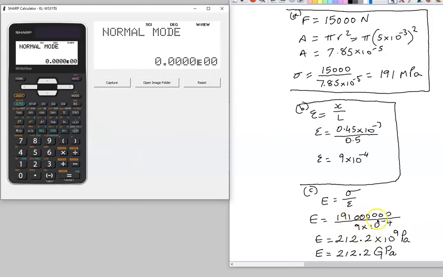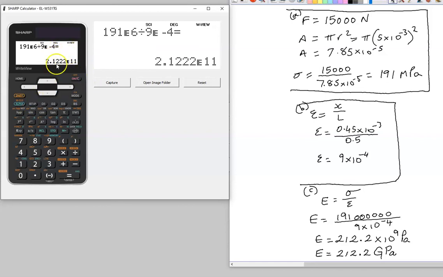And then if we want to do this one here, well, this is 191 with 6 zeros at the end, so a good way of doing that is 191 EXP 6. So that's 191 to the power of 6 divided by 9 to the power of minus 4. So this minus and this 4, equals, and you can see here this is in normal format.